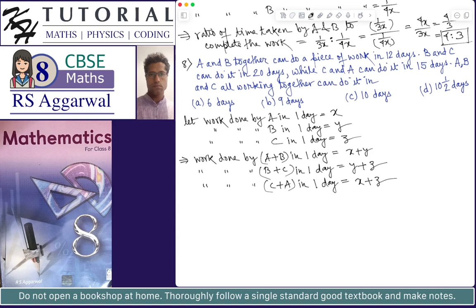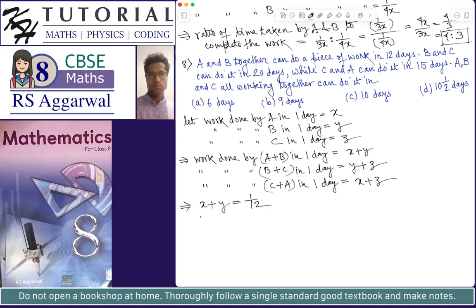Now it is given that A and B together can do a piece of work in 12 days. So the work done by A and B in 1 day is 1 by 12. So X plus Y is equal to 1 by 12.